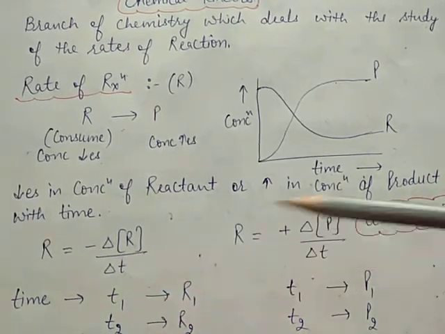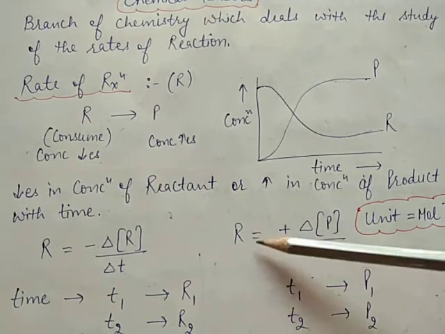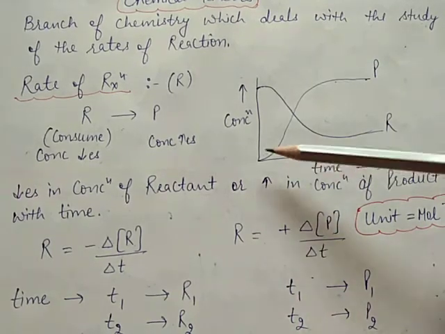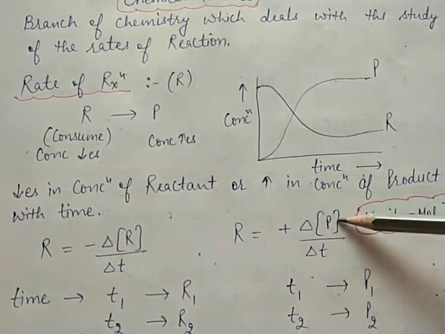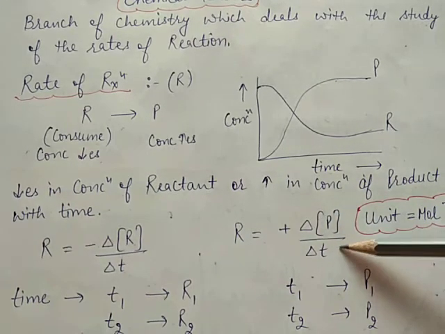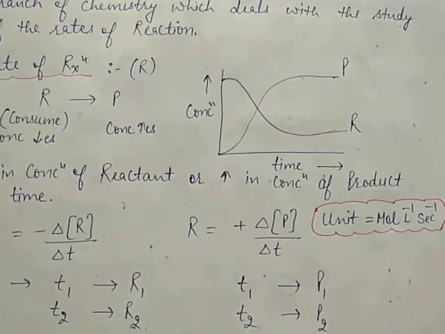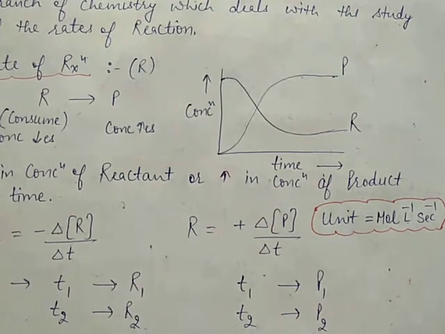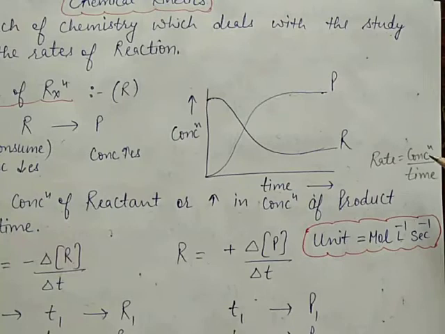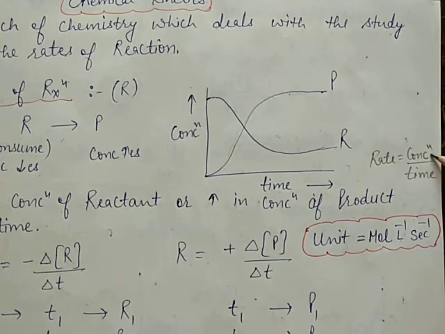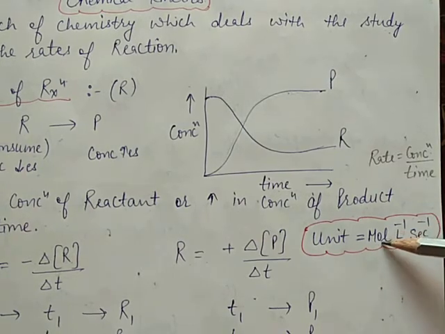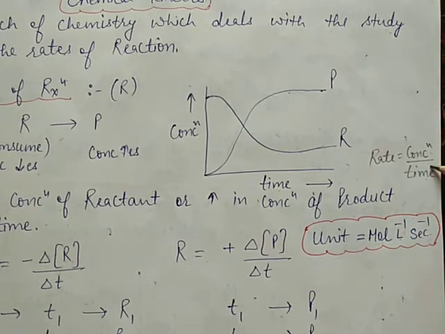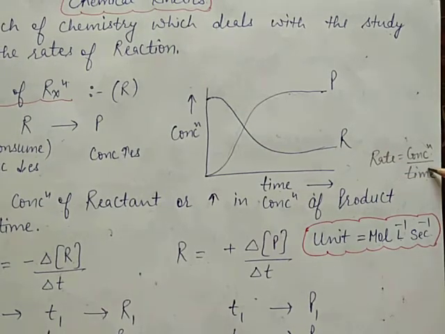Same in this case, rate is equal to plus delta P by delta t, where plus means increase in the concentration of product. Concentration is in moles per liter and time is in seconds. So its unit becomes mole per liter per second, according to this formula.